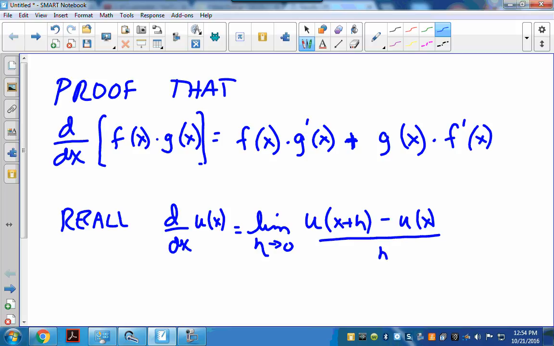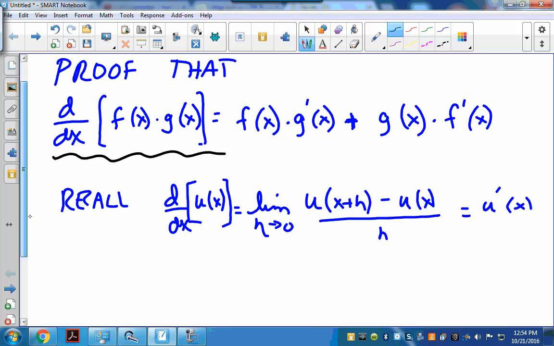Okay, so this is the definition of a derivative. We might have called this u prime of x.